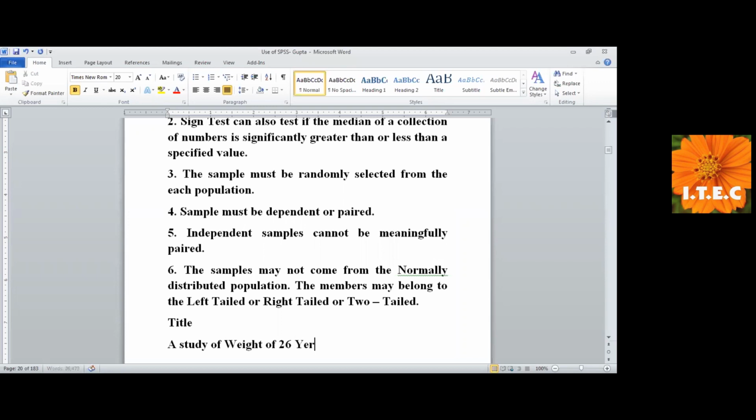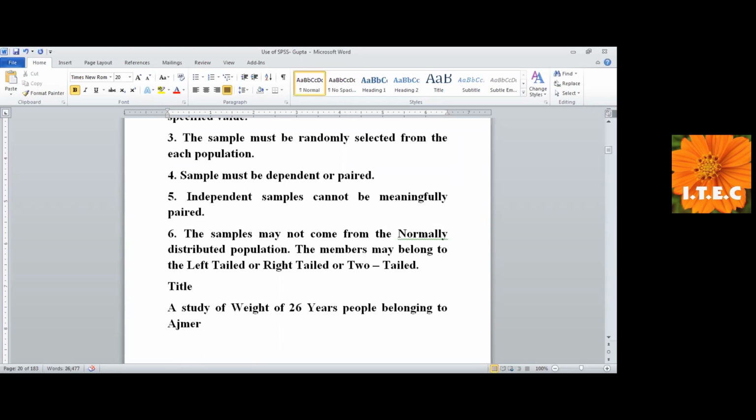26-year males, 26-year-old people belonging to Ajmer. If this is my title, I may have an objective like this.